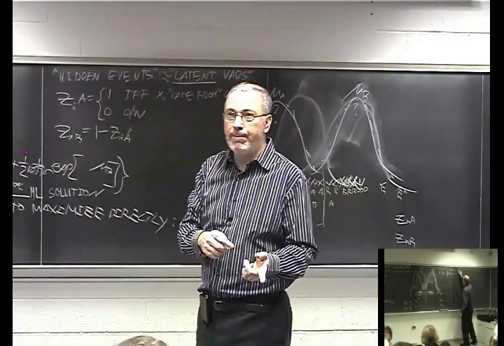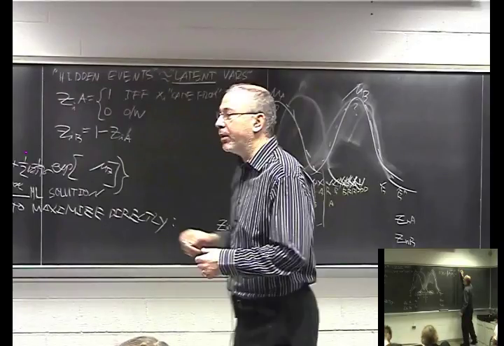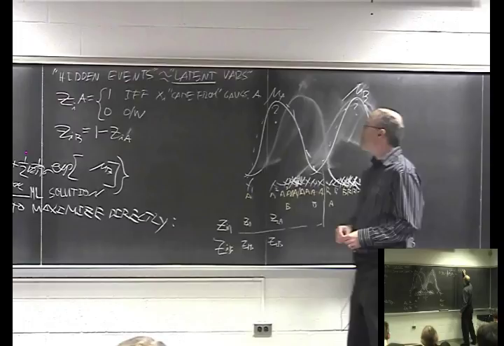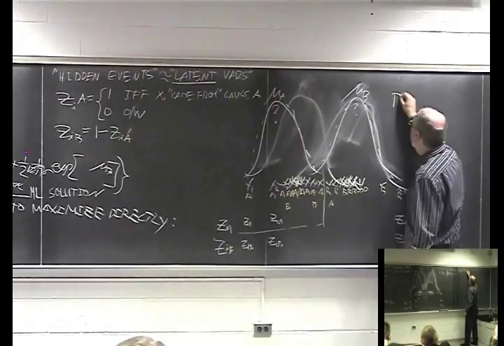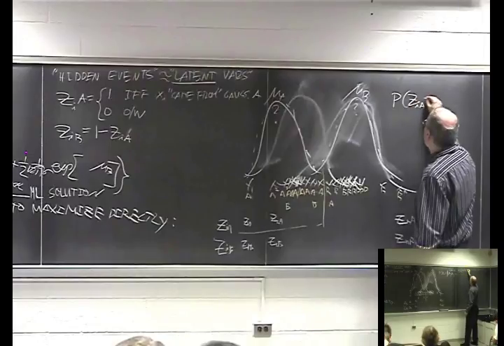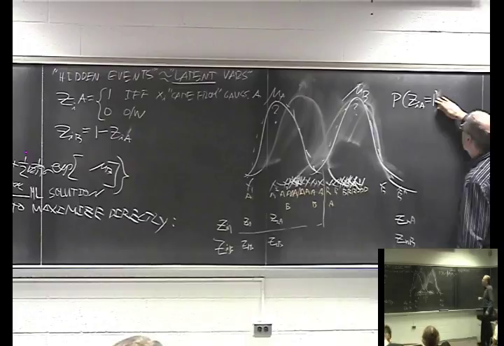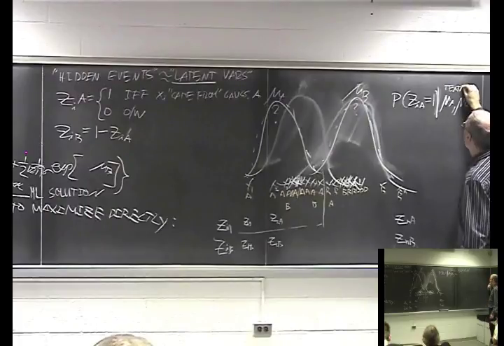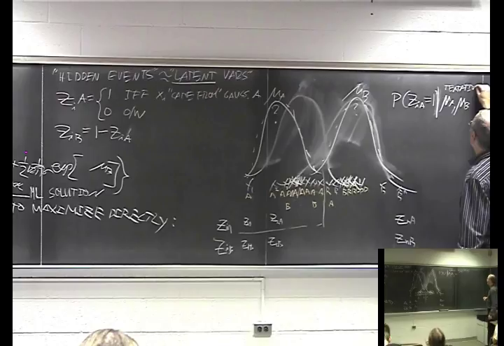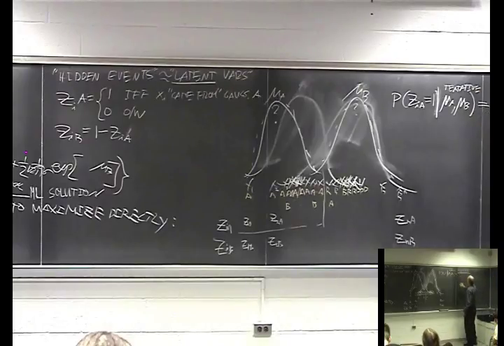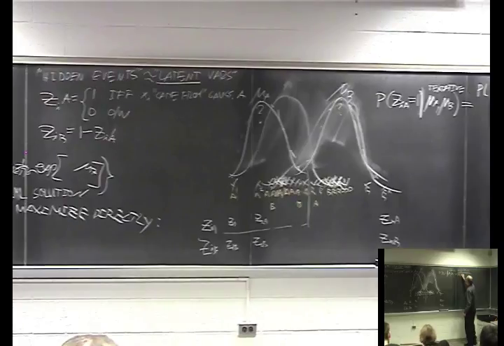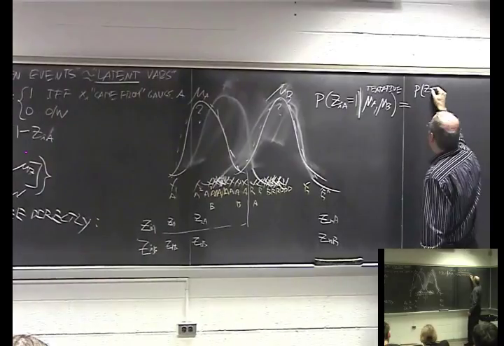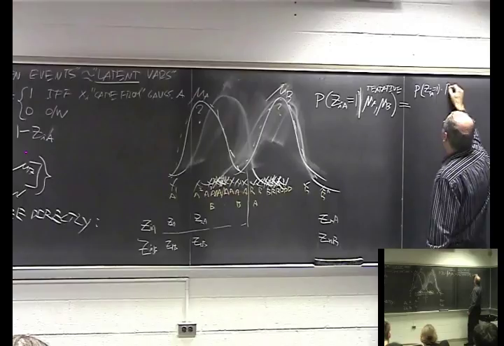It is the probability of ZIA being 1 and XI having come from A, divided by the probability of ZIA is 1 times the same thing, XI having come from A, plus probability of ZIA is 0 and XI having come from B.